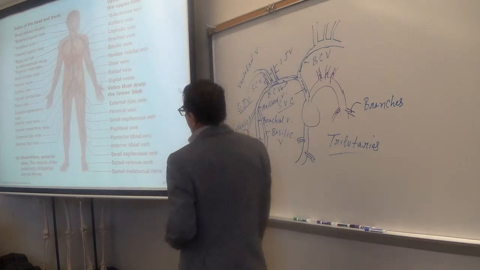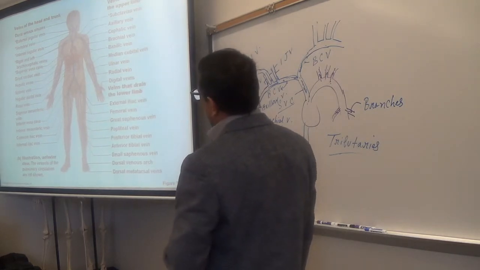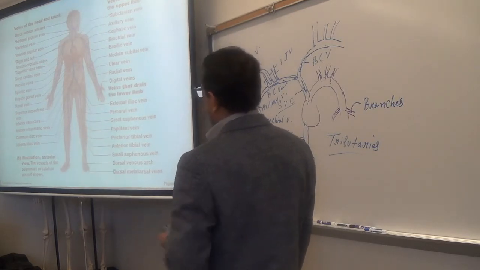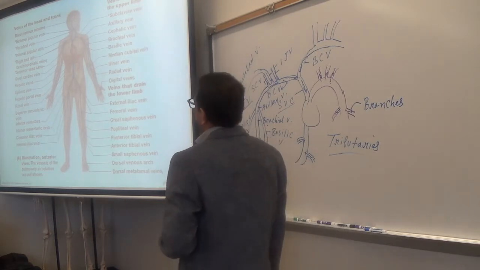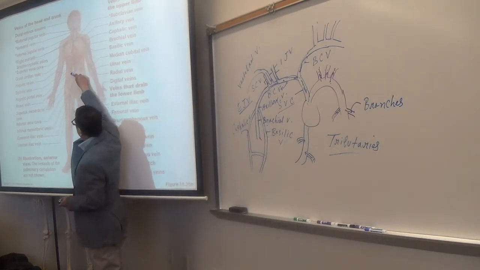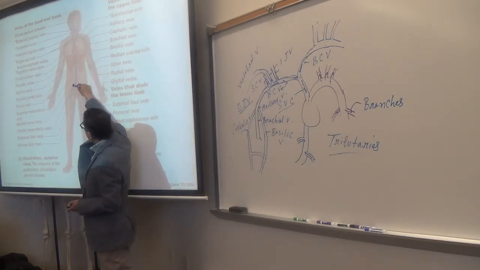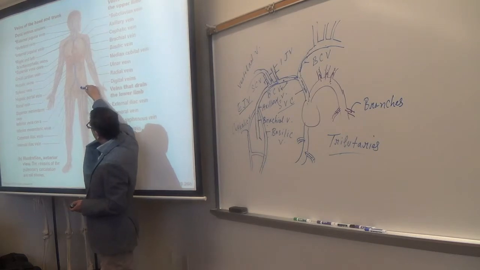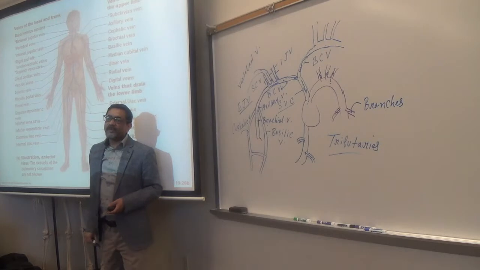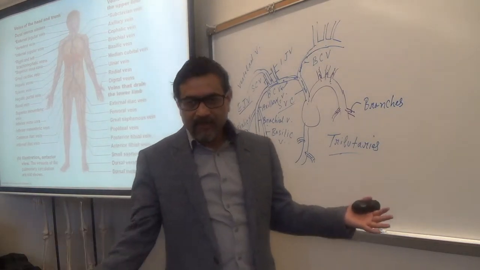So those are very similar to your arterial system. There are a couple of differences. I'll talk about that later. So that's the inferior vena cava. It receives blood from most of the abdominal organs. Then the lower end of the inferior vena cava divides into common iliac veins, same as the aorta.